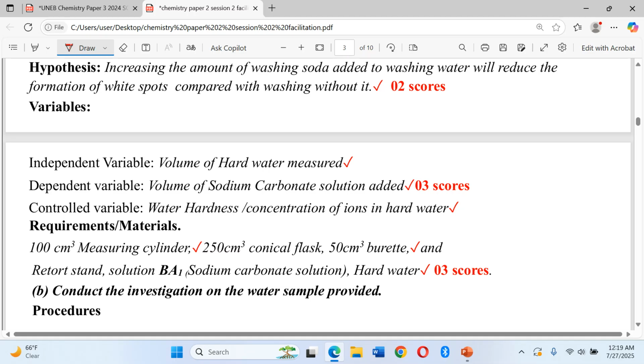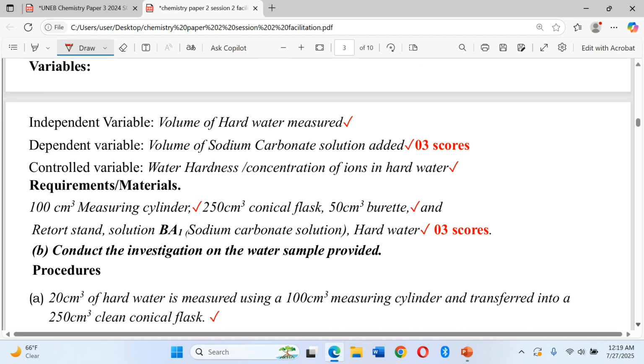Then requirements: we need a measuring cylinder, a conical flask, a burette, a retort stand, sodium carbonate, and hard water.